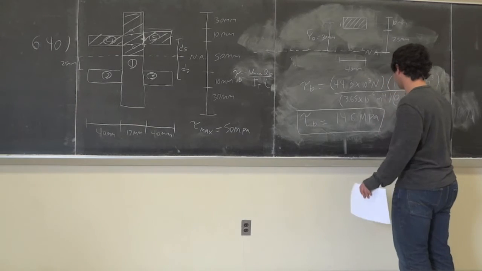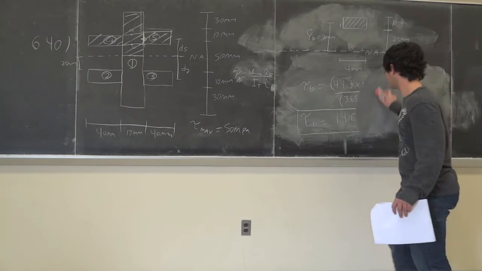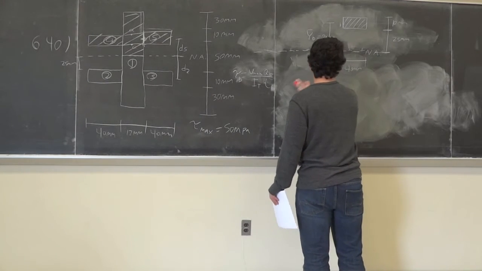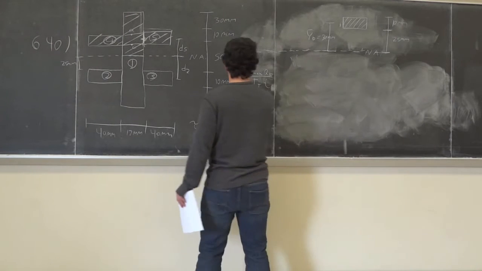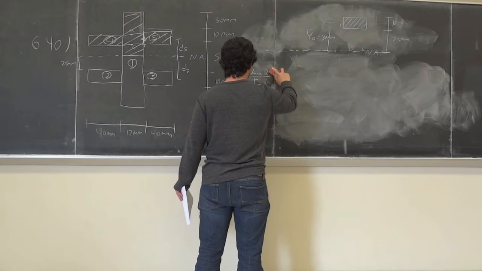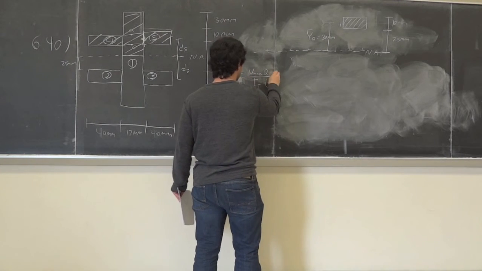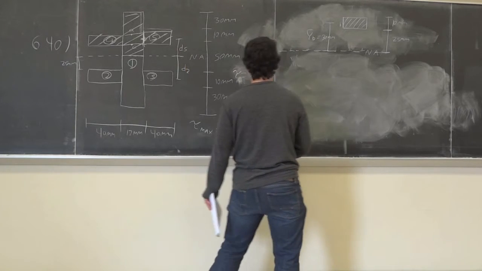Let me erase this. So you want to find tau C. So tau C is equal to QC, and now t, the thickness, changes to that of C.